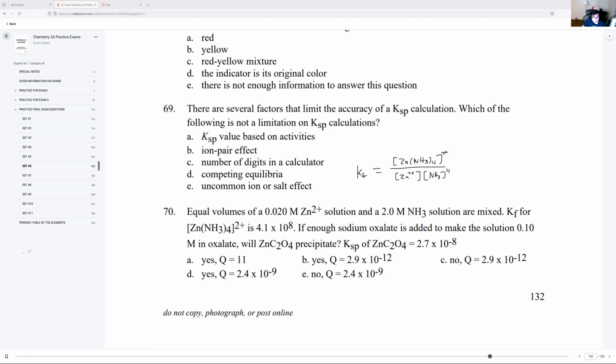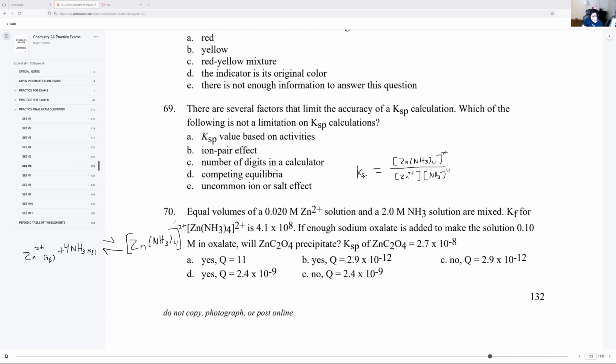So we have zinc, we have NH3, and at equilibrium we have Zn(NH3) complex, like that, but with brackets. All right, so this is not balanced. This has to be a 4. That's the thing you might miss, so I would write out the reaction just to make sure you don't miss it.